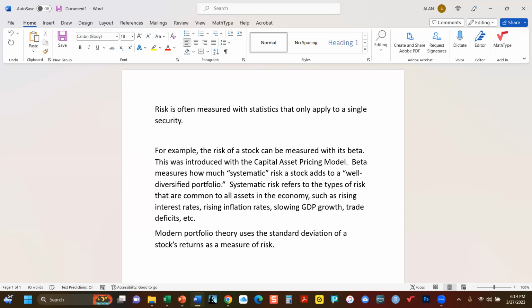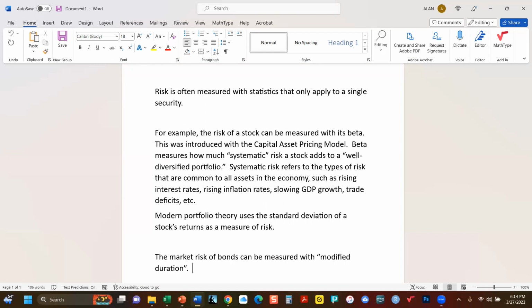And then we also have bonds, the risk of bonds. Now, I should say here, not the credit risk, but the market risk of bonds can be measured with modified duration.